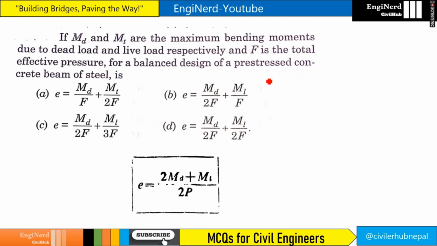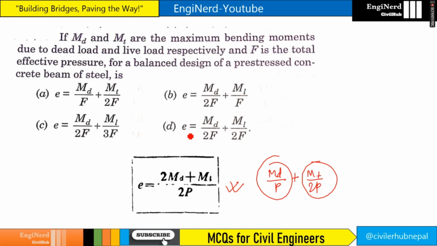Next is, if MD and ML are the maximum bending moments due to dead load and live load respectively, and F is the total effective pre-stress for a balanced design of a pre-stressed concrete beam of steel. So the book has given this formula, MD by F plus ML by 2F, right? So this is given in the book, but the answer is given as different.